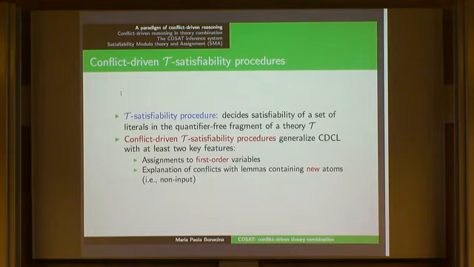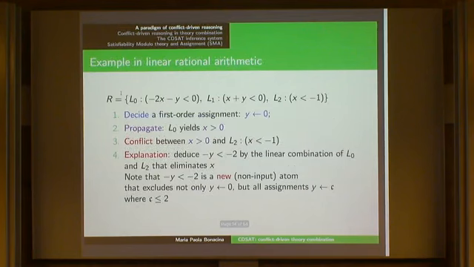One is that they allow assignments to first-order variables, not only to Boolean variables, and they allow explanation of conflicts by generation of lemmas that contain new atoms. And this is also a significant departure from CDCL, because in propositional logic, all the lemmas are built by using atoms that appear in the input.